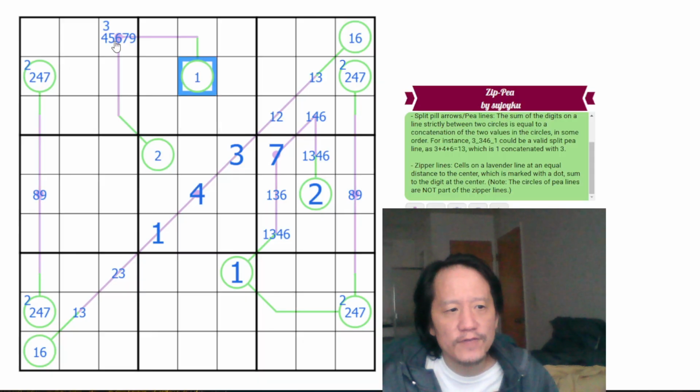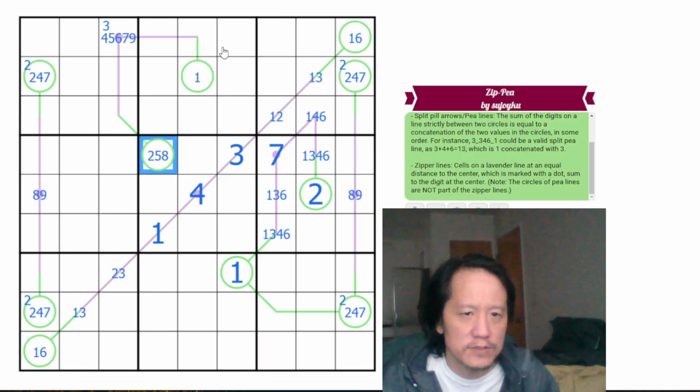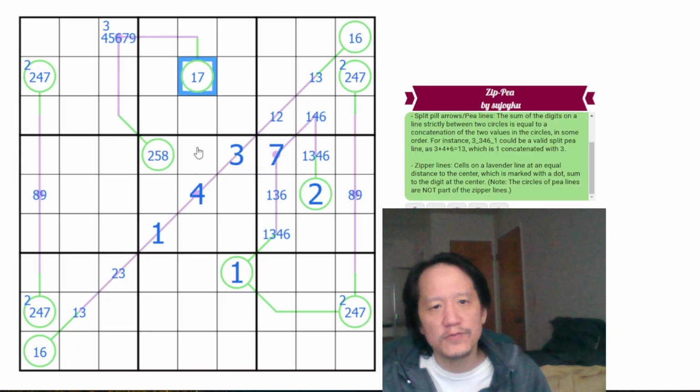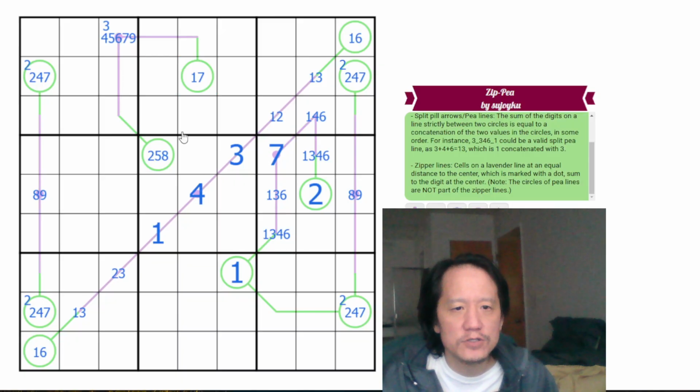If it's 15, this can't be 1, so this would have to be the 1, 5. If it's 18, again, this would be 1, and this would be 8. If it's 21, this has to be 2, and that's 1. If it's 27, this can't be 1 again, so this is 27 then. So it's either 12, 15, 18, 21, or 27.